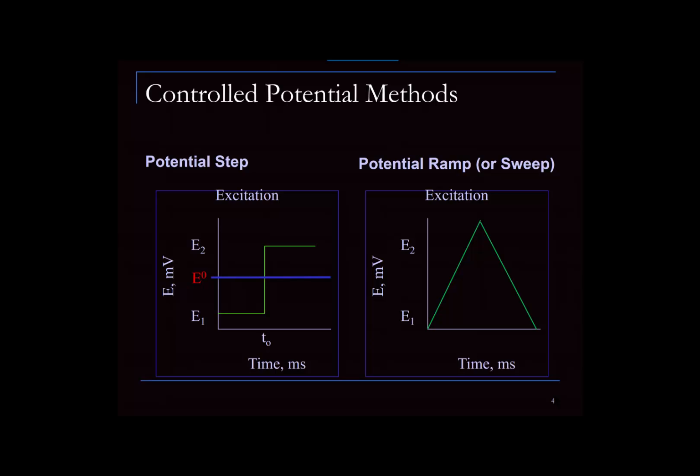Originally, you'll have whatever the bulk solution concentration is available for oxidation or reduction, and as you begin to oxidize and reduce your material, of course, you will decrease the concentration of redox active species near the electrode, and so the current will die away. And that plot of current as a function of time is what you measure in chronoamperometry.